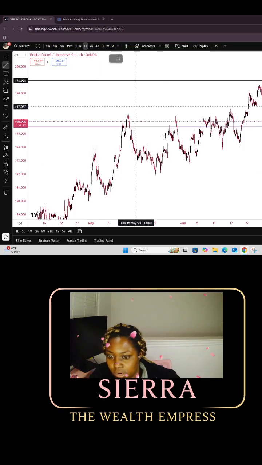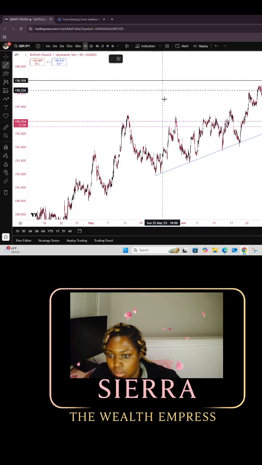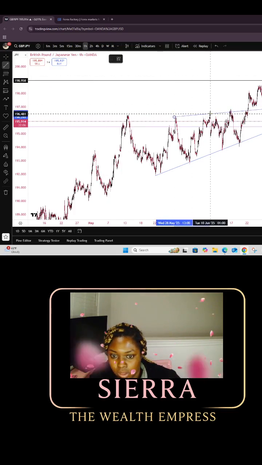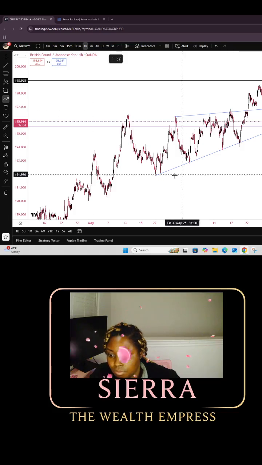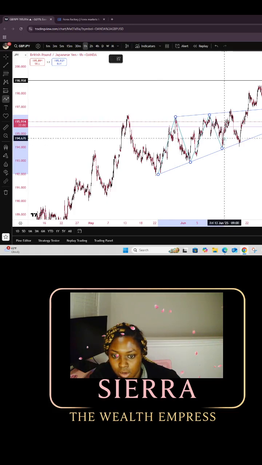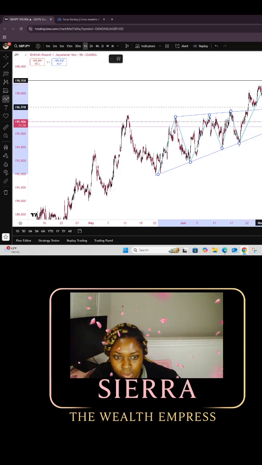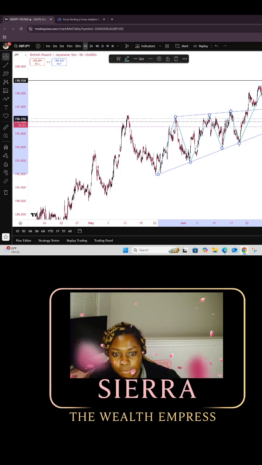So this is a pattern here that we will learn when we start the pattern book. You see how prices just traded in here. We finally came out and retested, but it didn't go higher. It came right back in.